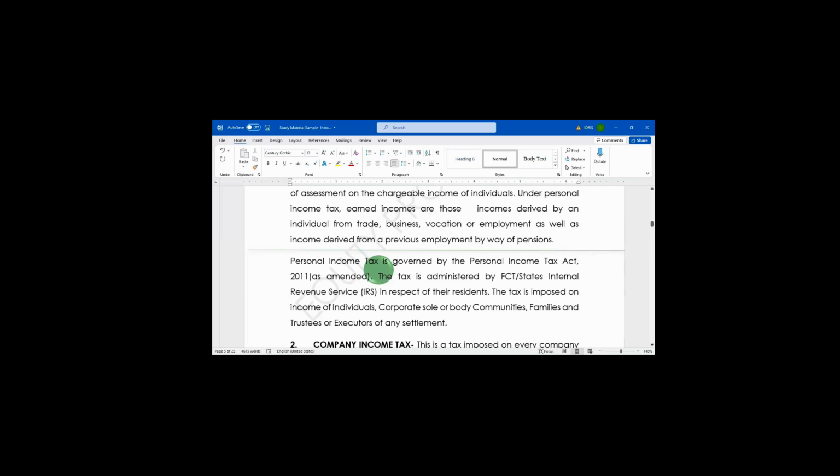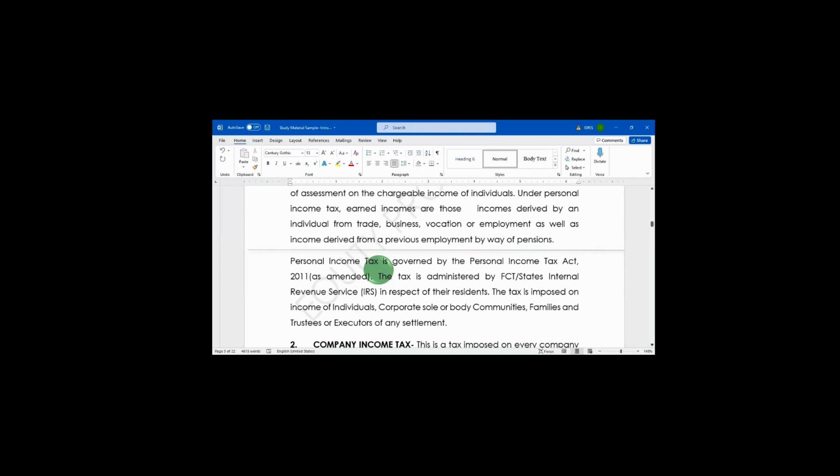Income tax: taxes on income derived by individual, trust, partnership, sole proprietorship, and community. Personal income tax is otherwise called pay as you earn, PAYE.